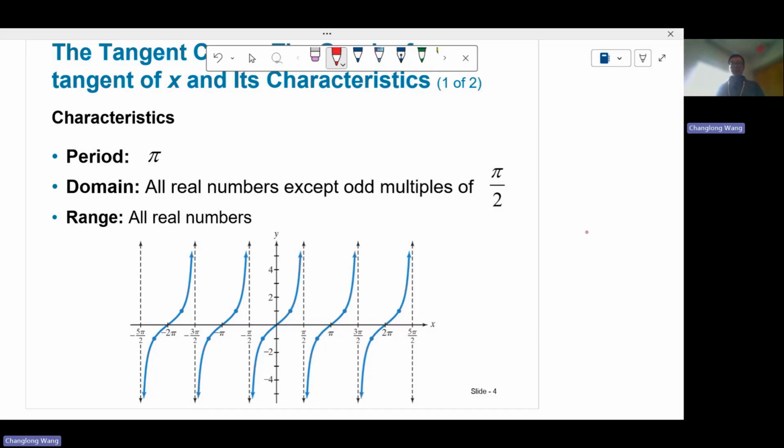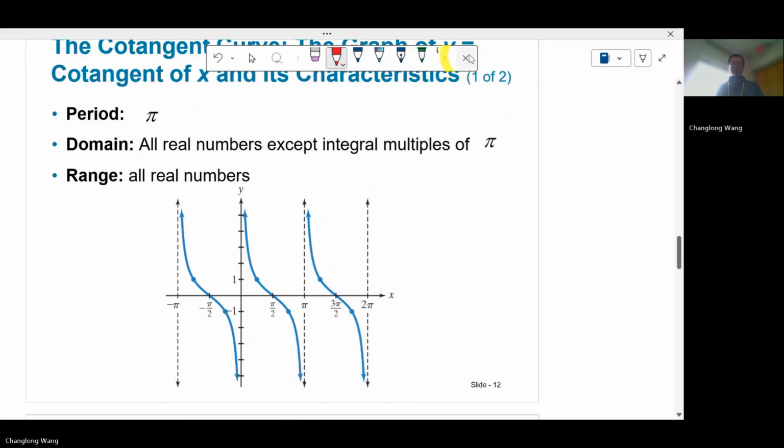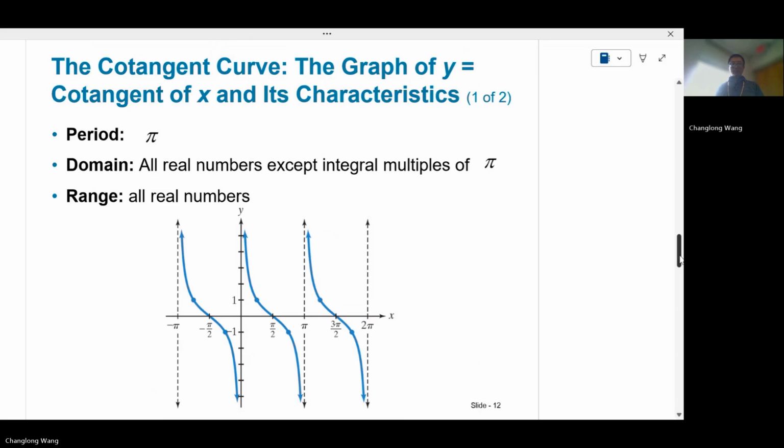Now, what about the cotangent graph? Take a look. That's the cotangent graph. Or if I showed you this graph, all of a sudden you probably didn't realize it might not be a tangent graph, because they look so similar, right?